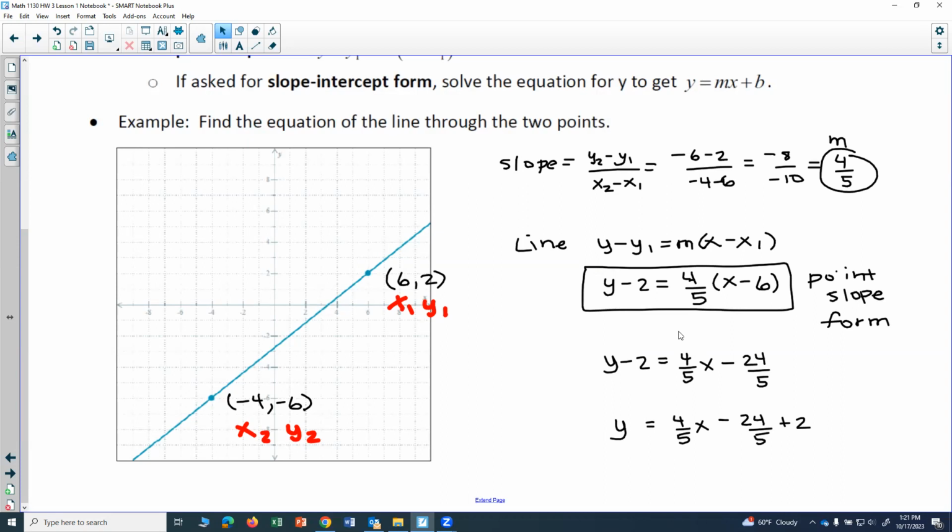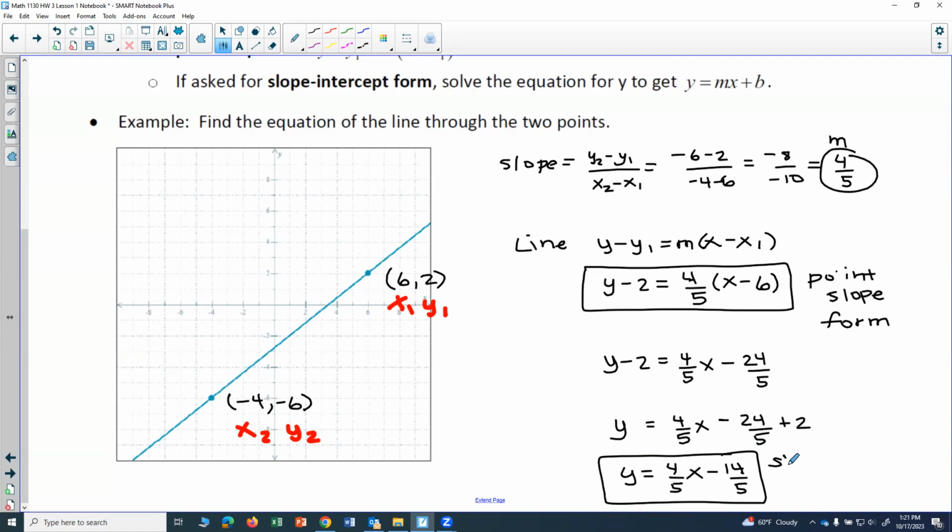So back here, I will have for my final answer y equals 4/5 x minus 14/5. And this is the final answer if they ask for the answer in slope-intercept form.